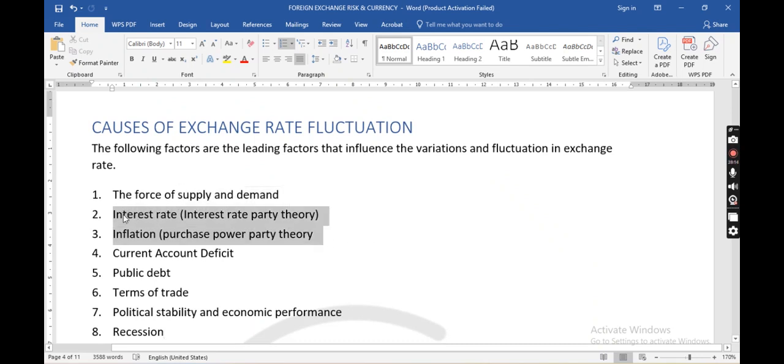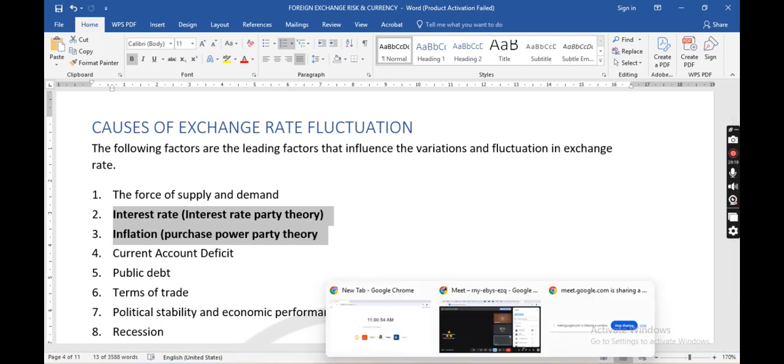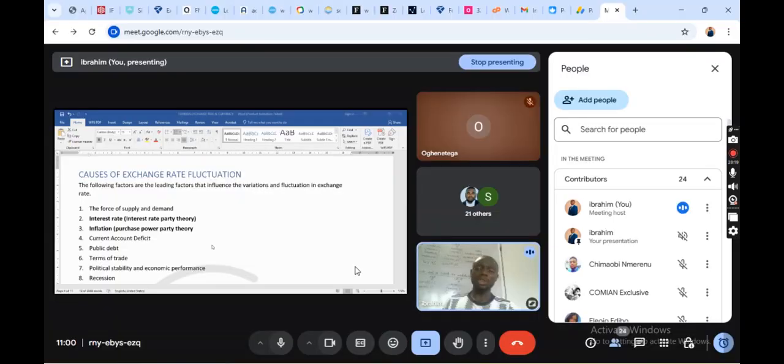Our focus here is interest rate parity and purchasing power parity, because there is no how we will mention international investments without having an understanding of direct quotes, indirect quotes, forward, exchange risk, causes of exchange rates.